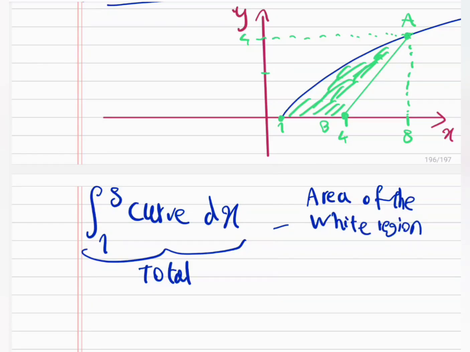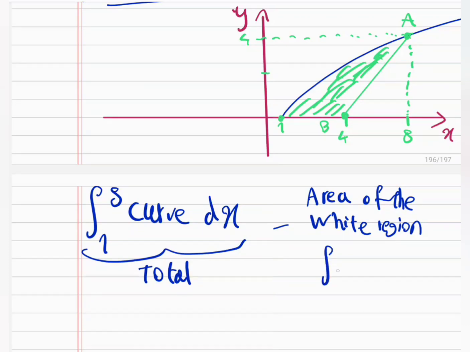So that's what we need to do. So the part that is for the area of the curve is clear. We just integrate the equation of the curve from 1 to 8. And then for the white region, as in some previous cases, we have two options. Here we happen to have a triangle, so we can just find the area of the triangle by using the formula, because the area of this white triangle is exactly the area of this white region. Or we can also use integration, integrating the area under the line.